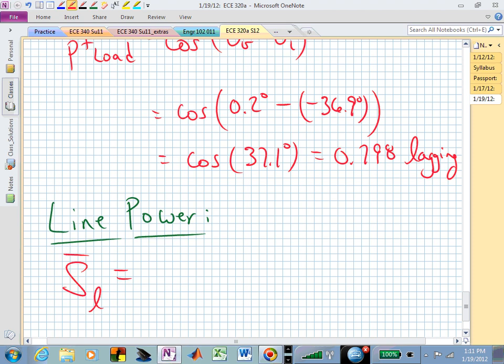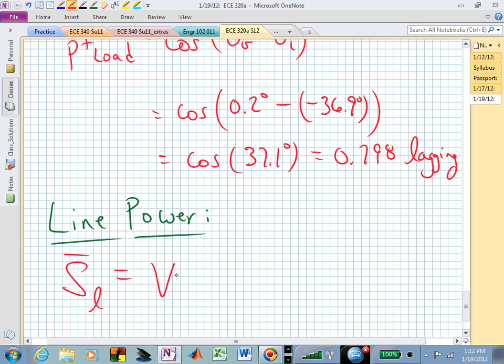I was getting dizzy. But you can remember that current was going into the positive terminal as we labeled it. This should be a positive, whatever V times I star gives us, absorbed. And if it ends up that one of those was a negative, that just means it was delivered or supplied.